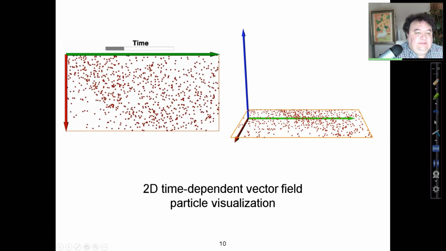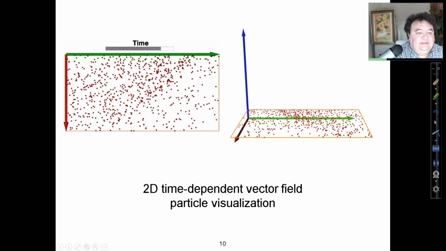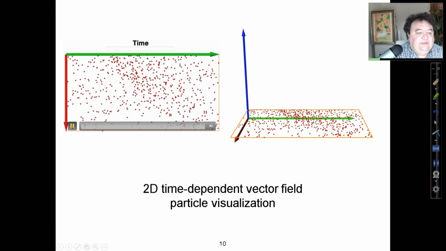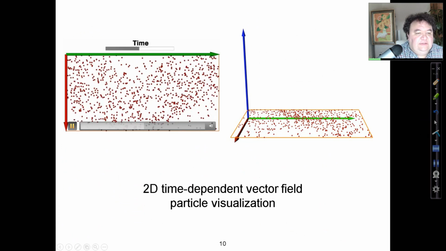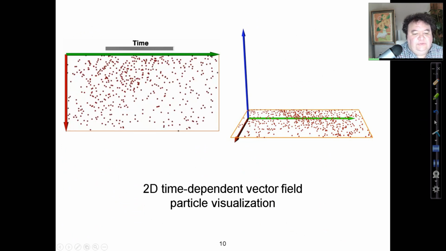So on the left, we see a set of particles embedded in a vector field, a 2-dimensional vector field. And we see that, the field being unsteady, it's kind of hard to understand really what's going on if we visualize it this way, because the problem is really that we have to memorize where things evolve.